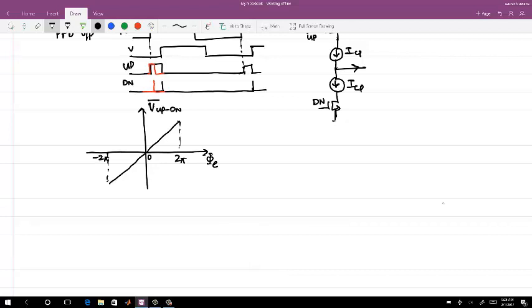This is the ideal PFD characteristic. Now what you are saying is, if my phase error is very small, my switch will not be able to switch on, right? So my output is 0. Somewhere near 0, my output is 0. So in place of the ideal characteristic, I now have something like this.